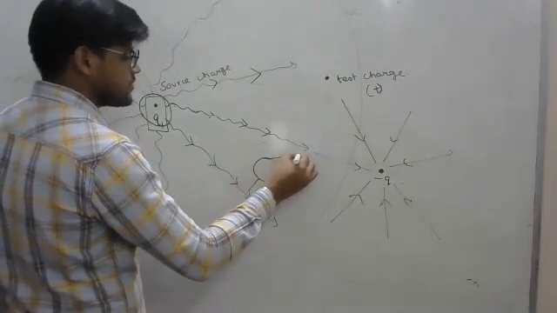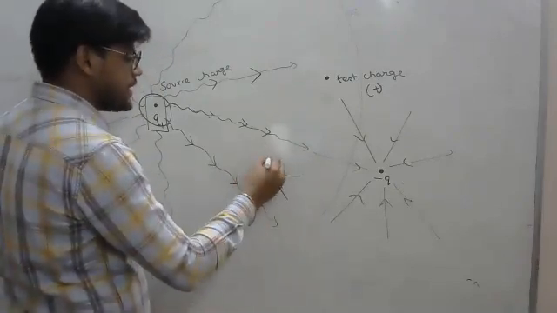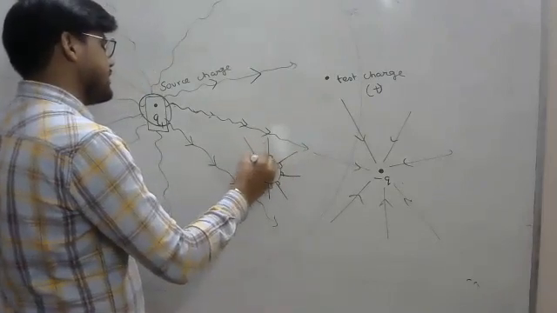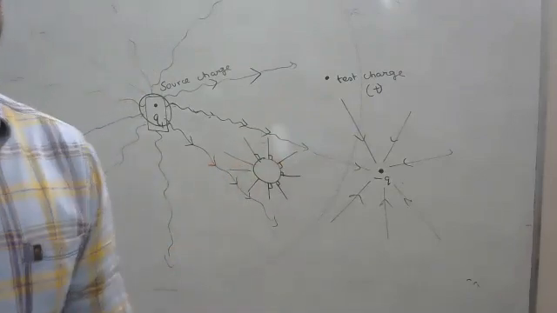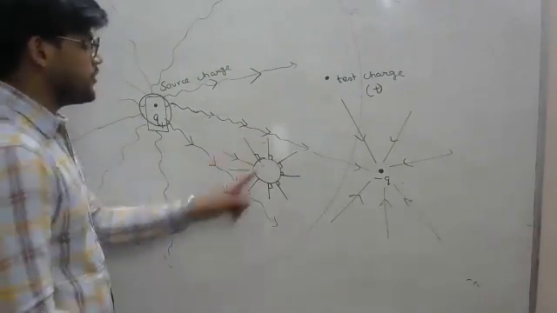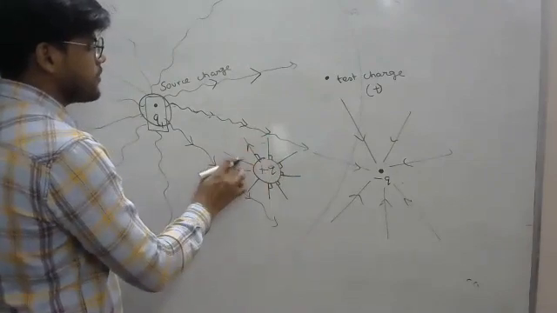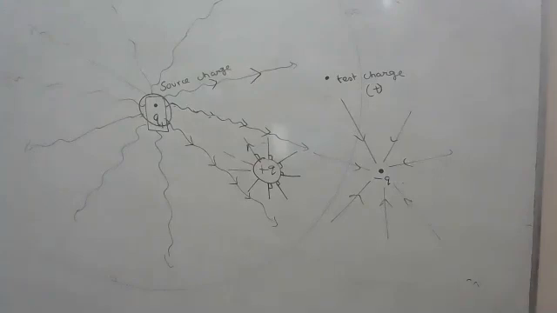You will never have an electric field in this way, which is not making 90 degree. At each point, the field will be making 90 degree. It will always be perpendicular to the surface of the charged body. It may be inward if your net charge is negative, and it will be outward if it is positive. Negative and positive will decide the direction.